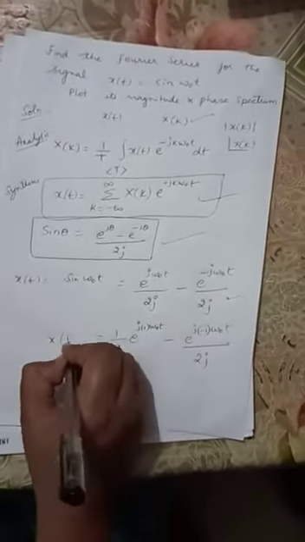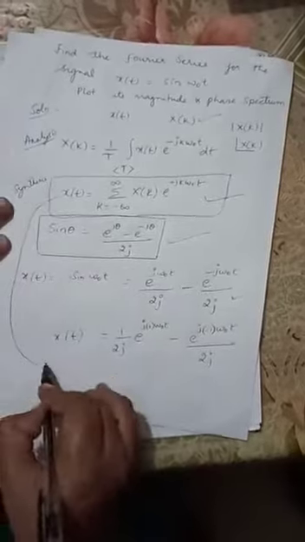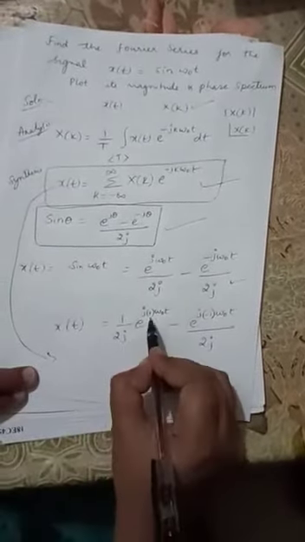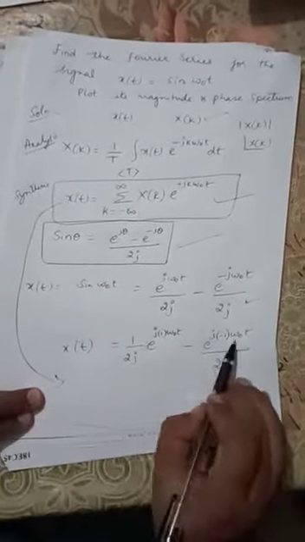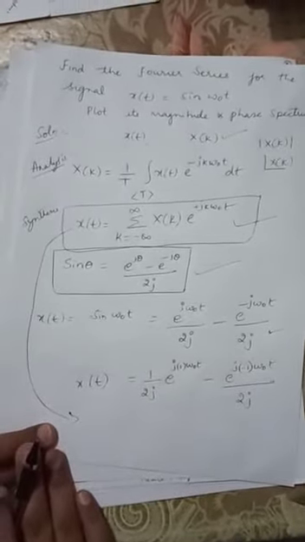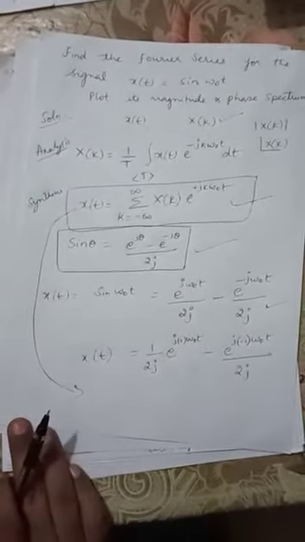So x of t is this. If you expand this equation, I have terms only for k equals 1 and k equals minus 1, and for other values it is not available.